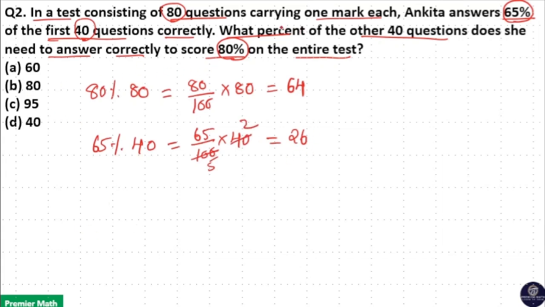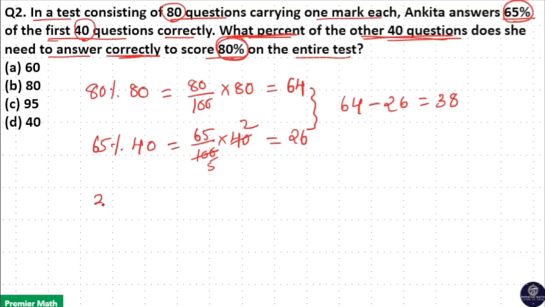Now we have to find what percentage of other 40 questions does she need to answer correctly to score 80%. So to score 80%, she needs to get 64 questions correct. She already got 26 questions correct. So the remaining questions she needs to get correct is 64 minus 26, which is equal to 38.